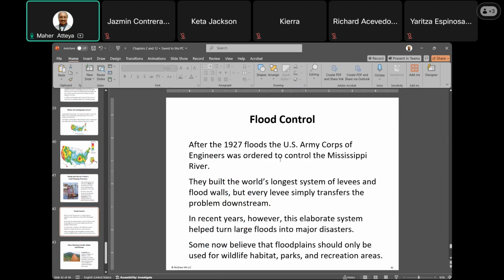Flood control. This is flood control after the 1927 floods in the U.S. The U.S. Army Corps of Engineers was ordered to control the Mississippi River, which is fed from the Colorado River. The mountains have a lot of snow in the springtime and summertime.